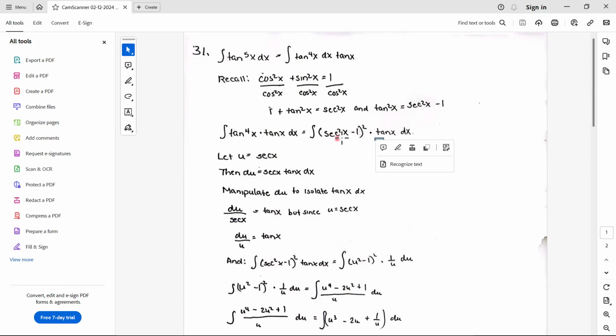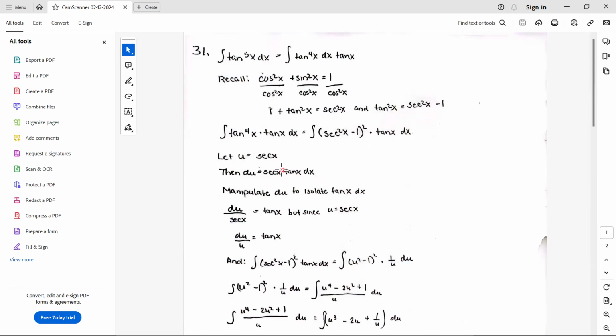So this is u squared minus 1 quantity squared. But my du is a little bit messy this time. My du here is going to be secant x tangent x dx. But I don't have this secant x here, and I can't just throw it in or make it go away.